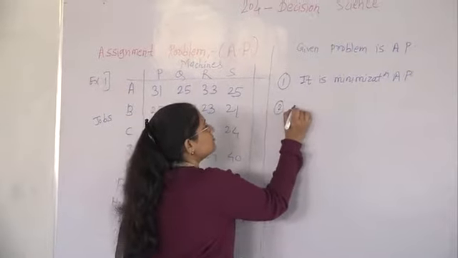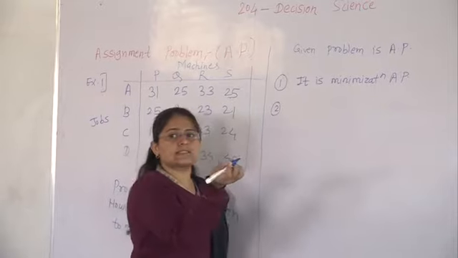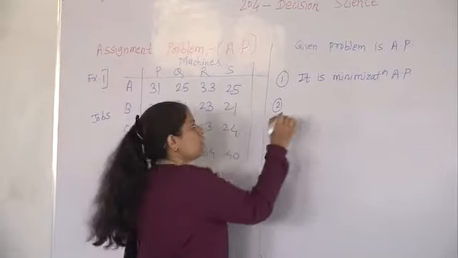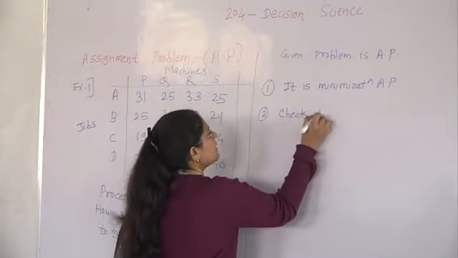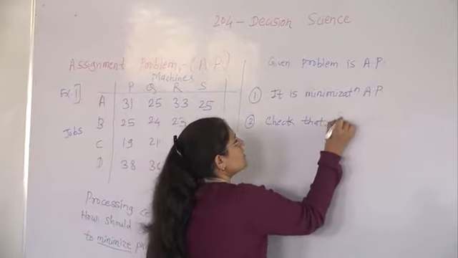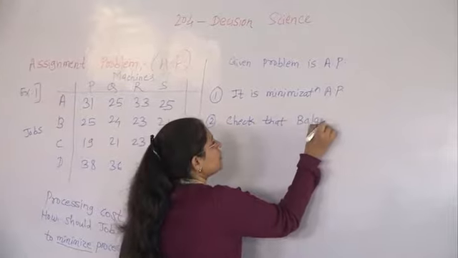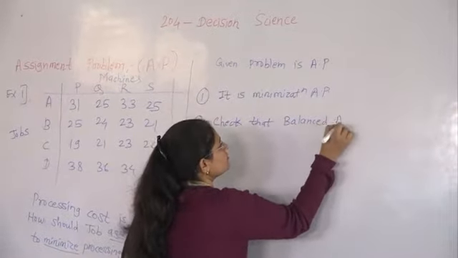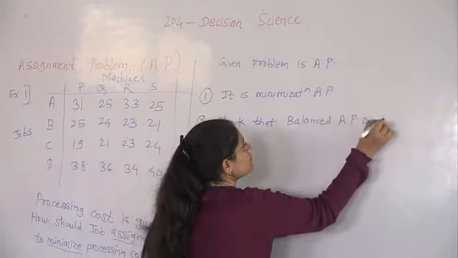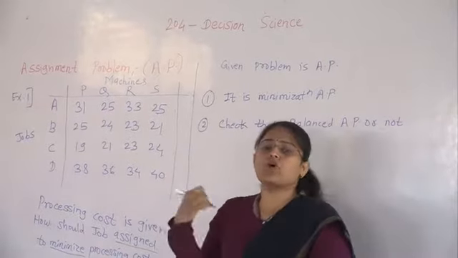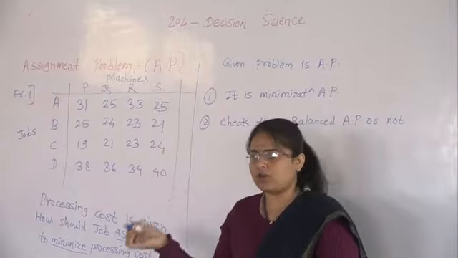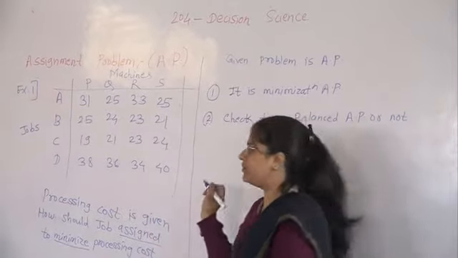Second, check whether it is a balanced assignment problem or not. How to check? If the number of rows is equal to the number of columns, then it is a balanced assignment problem.